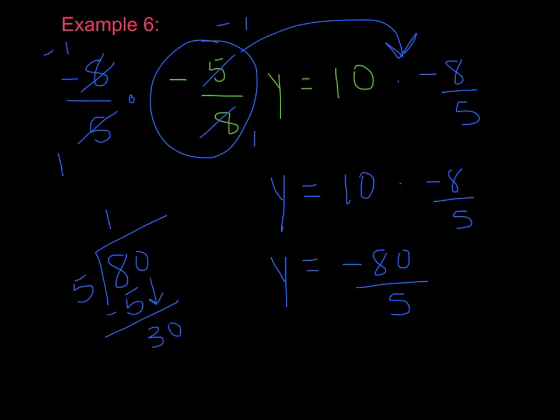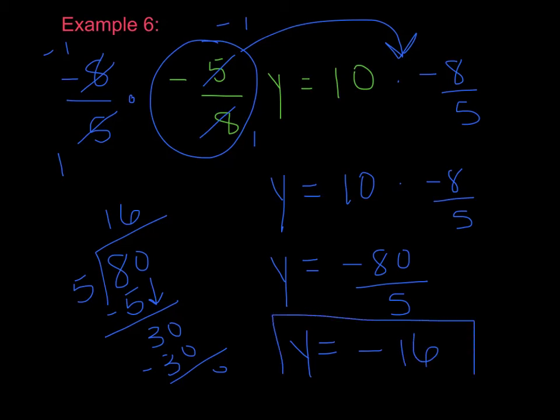Bring down the 0. 5 times 6 is 30. So it goes in there 16 times, but remember it's negative. So y equals -16. So negative 5/8 times negative 16 equals 10.